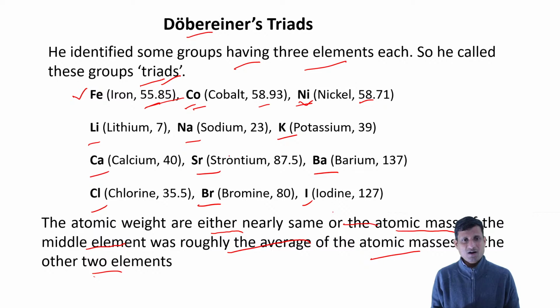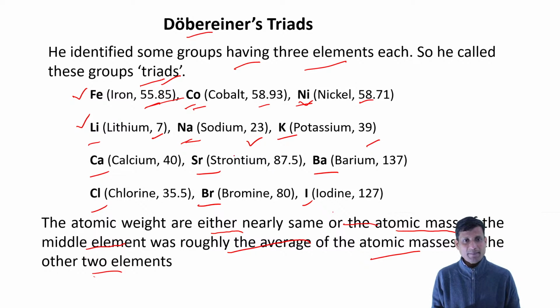If we consider this second group, it consists of lithium, sodium, and potassium. If you take the average of 7 and 39, we get the average value 23, which is the atomic weight of sodium.